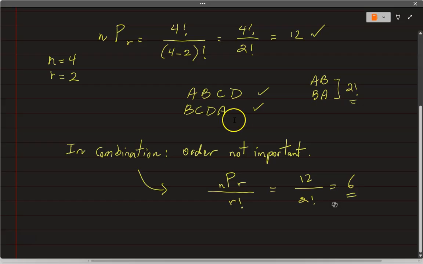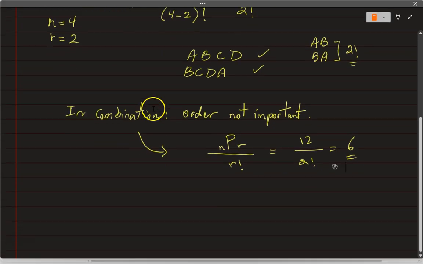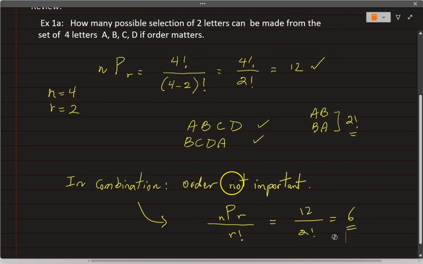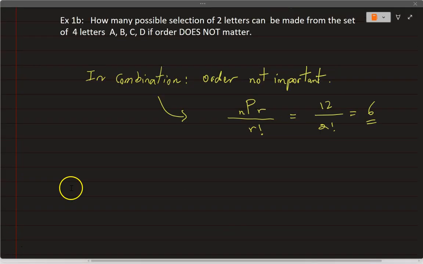So how many different ways can two letters be selected from a set of 4 letters? If order matters, that is when you have a permutation. But if I say order doesn't matter, then you will get 6. And that is example B. So in example B, same question, but this time order does not matter.